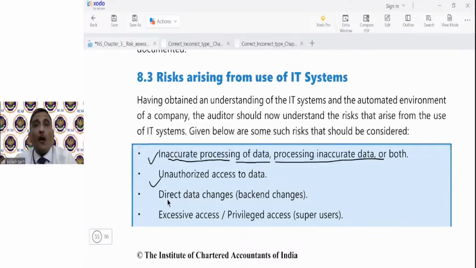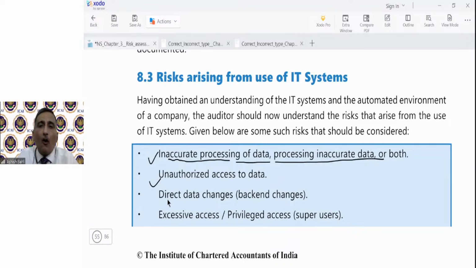Or there can be access to data by certain persons, which we call privileged users, super users.